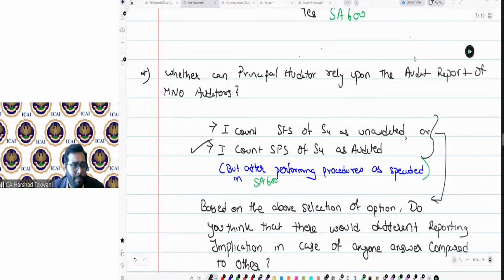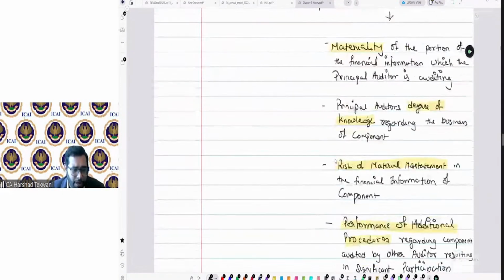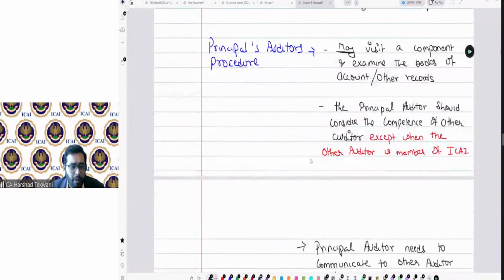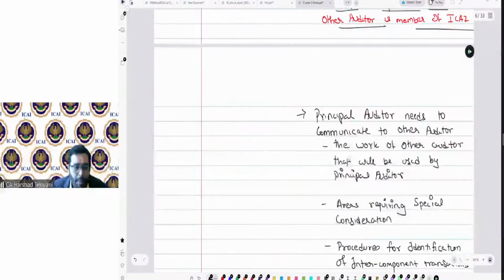Okay. So for example, if I go to the chapter 3 notes that we prepared at that point in time, I discussed the principal auditor's procedures, which include that the principal auditor should consider the competency of the other auditor except when the other auditor is a member of ICAI.